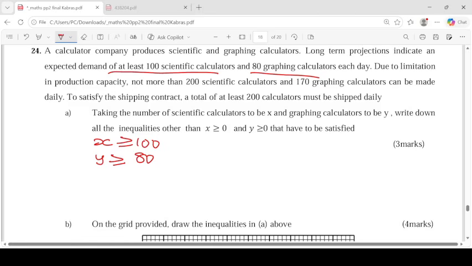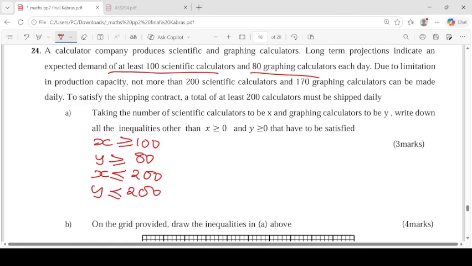Due to this limitation in production capacity, not more than 200 scientific calculators and 170 graphic calculators can be made daily. So not more than 200. So meaning that X should not be more than 200, meaning should be less than or equal to 200. And 170 graphics, meaning that also Y should again be less than or equal to 170.